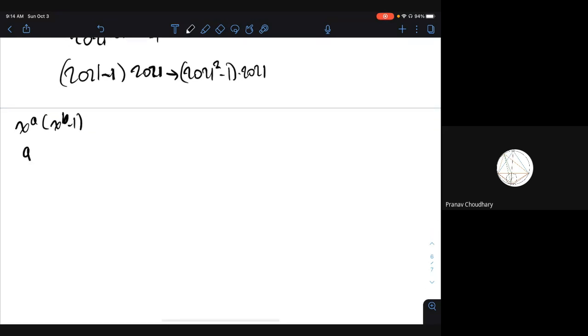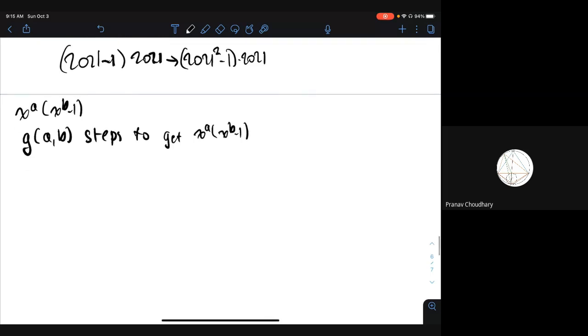So say it takes g of a comma b steps to get x to the a times x to the b minus 1.